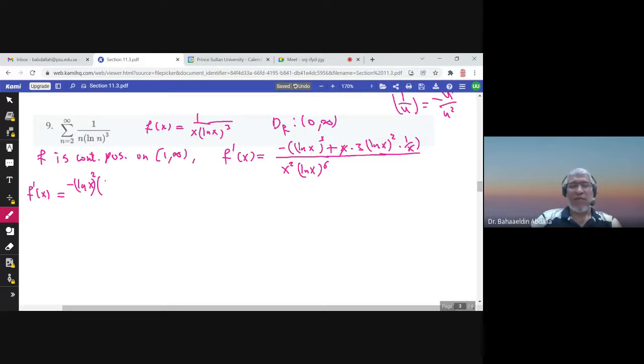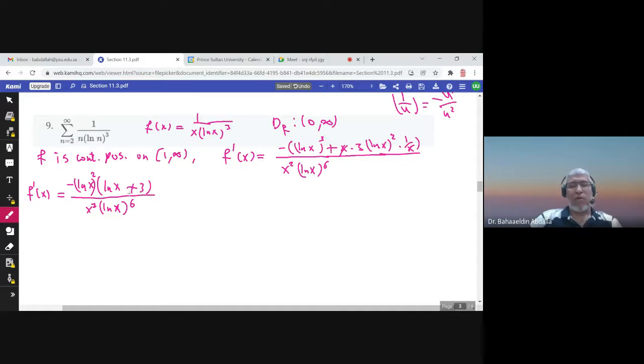So I still have ln x, and here x cancels with x, so I just have 3. x squared (ln x)^6, these are always positive. (ln x)^2 is always positive. So the sign depends on negative (ln x plus 3).